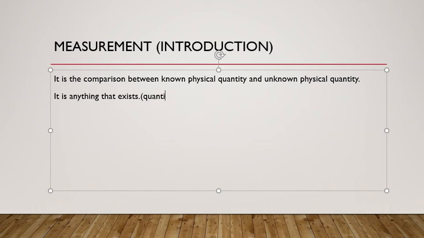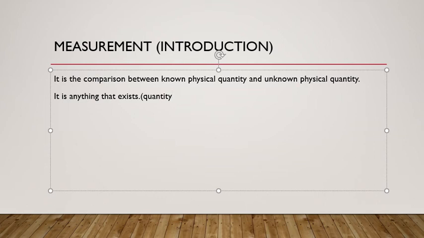Quantity refers to anything that has an existence within our surroundings. Within our surroundings, we can see many things like living things and non-living things. Examples: air, water, plants, humans, and many other things.